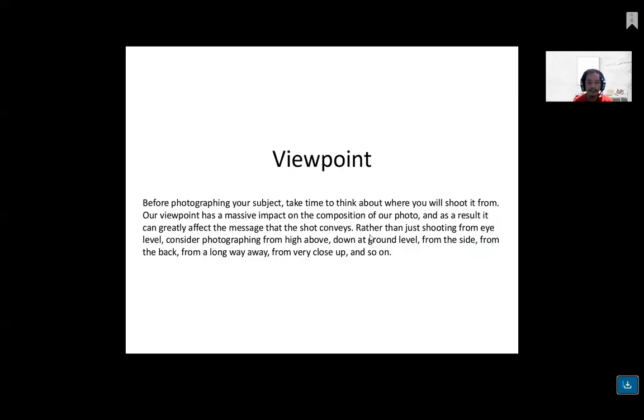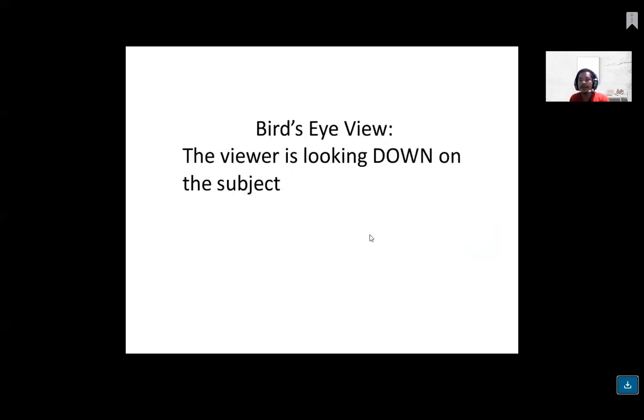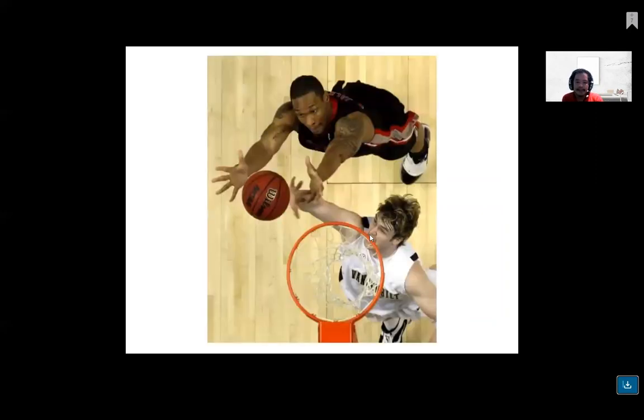Viewpoint. Before photographing your subject, take time to think about which angle you would want to look from. Would it be the bird's eye view? All right, it depends on the kind of story.